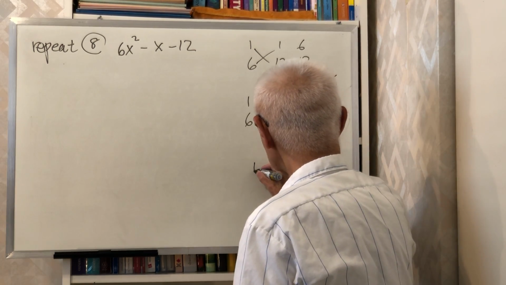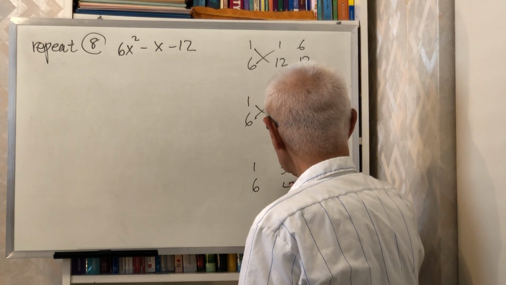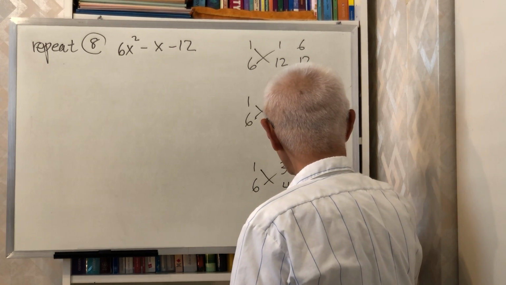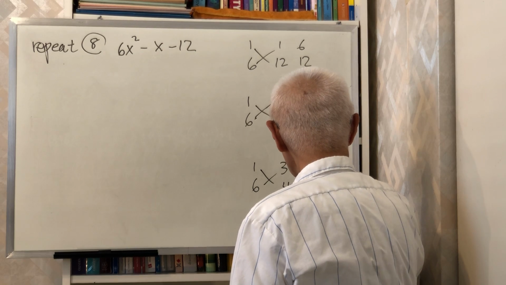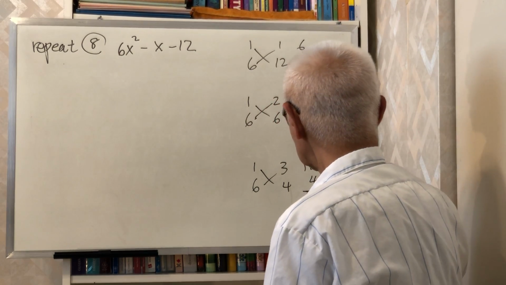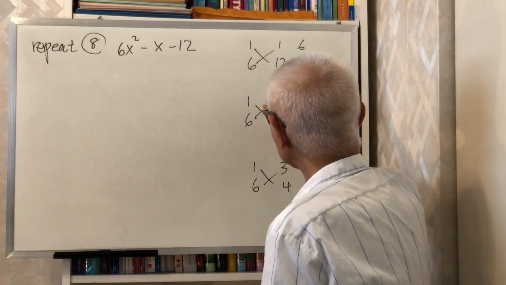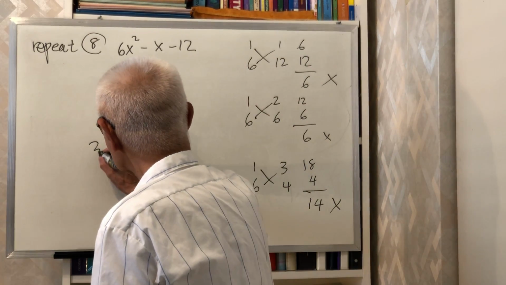So I have 1, 6. 12 will be 3 times 4. So this is 18. This is 4. And I want to subtract. So that's 14. So that doesn't work. It seems that 1 times 6 doesn't work. So I need to use 2 times 3.